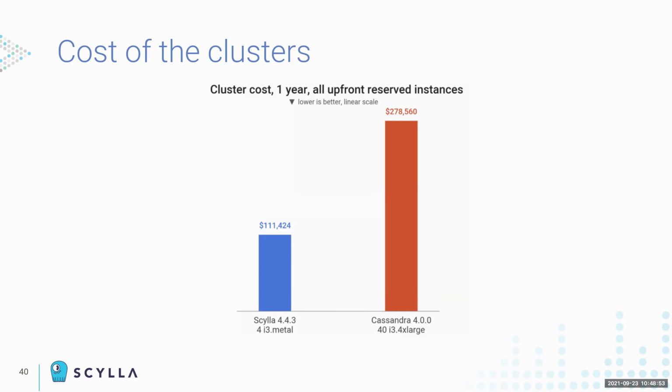However, running those 40 Cassandra 4 nodes takes you $278,000. We chose reserved instances, so the best numbers you can get on AWS, the lowest prices.